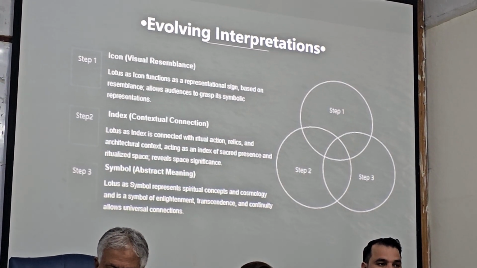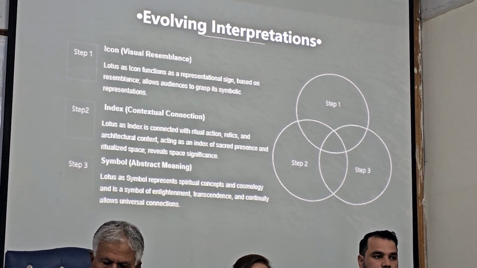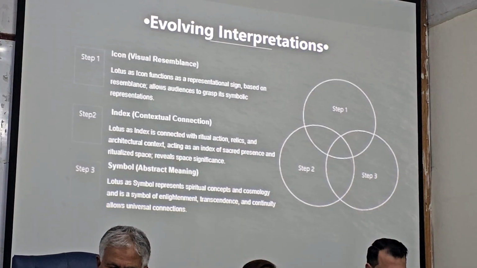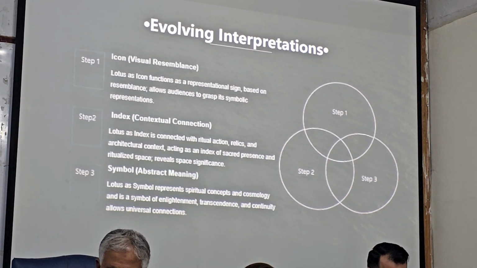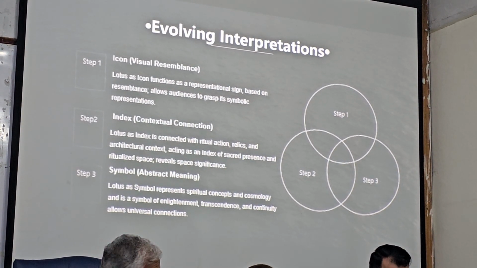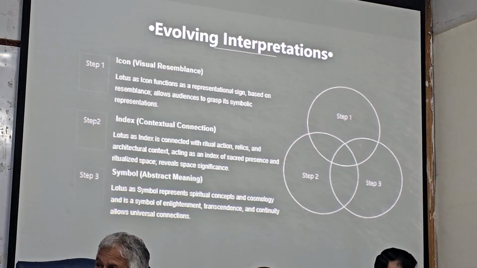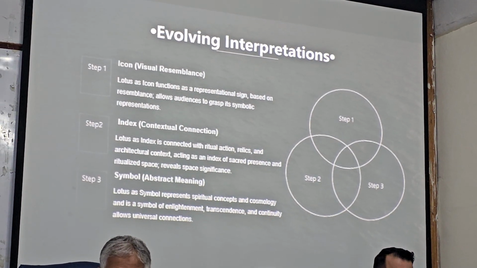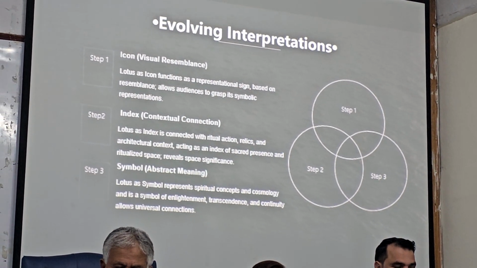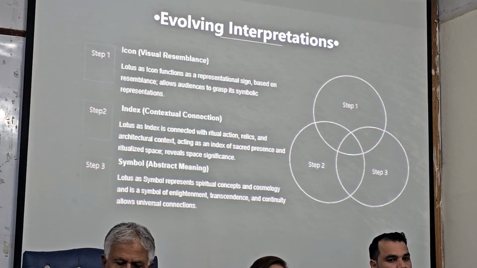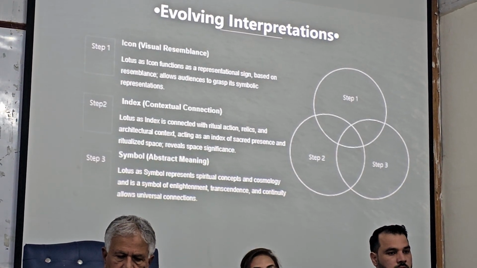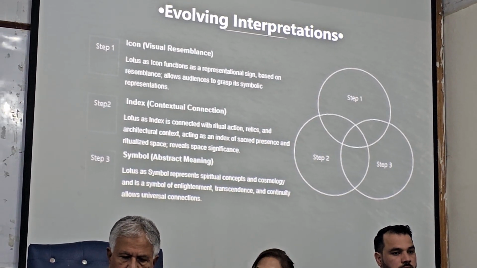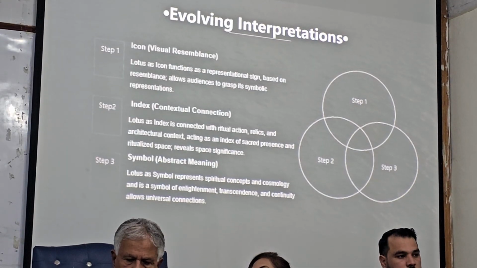Then, as a symbol or abstract concept, it can be a symbol of enlightenment, transcendence, continuity, and there is more to this as well. When we dig deeper and study it as a qualisign, sinsign, and legisign, we further have a clarification of the concept of the lotus.